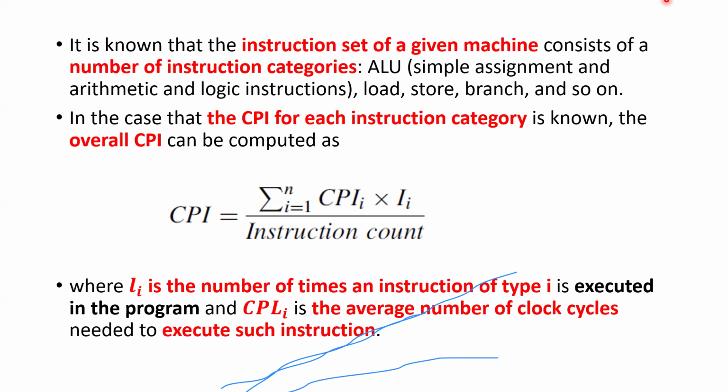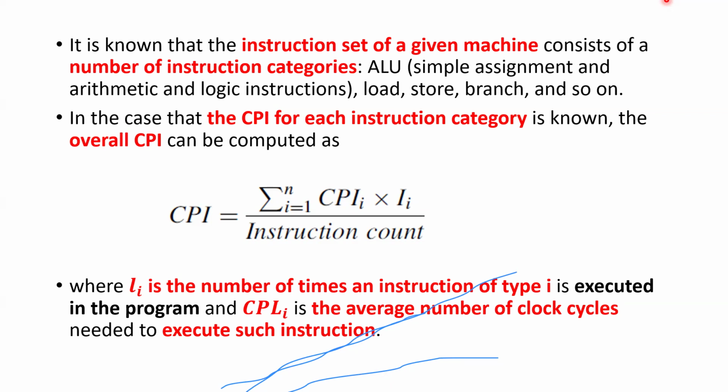So in that case, the CPI for each instruction category is known as the overall CPI. That is, I am going to give the computer a list of things to do. I would watch it do all of them and tell me, okay, all the things you did, what is the average CPI of all of them?